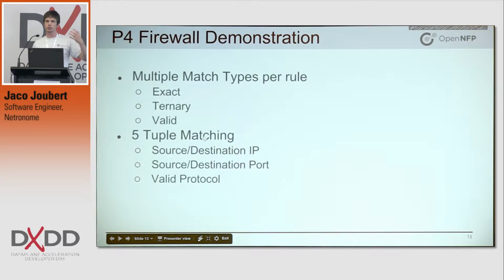So in order to do this, we have exact matches, ternary matches, and we're checking for valid TCP and valid IPv4 packets. And we're doing the 5-tuple matching to do the address translation from the source and destination IPs and the source and destination ports, as well as the valid protocols.